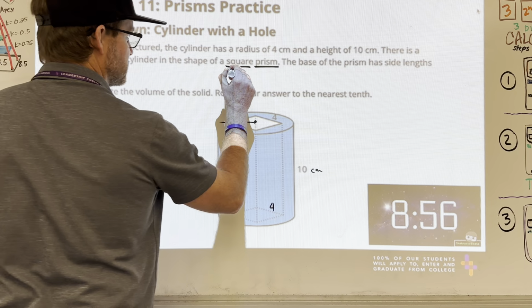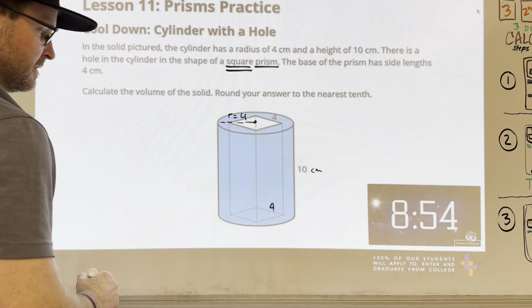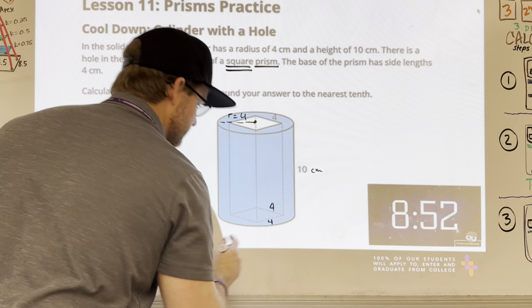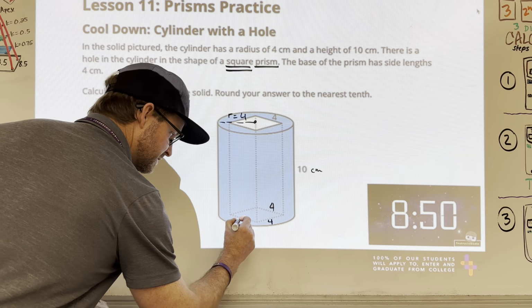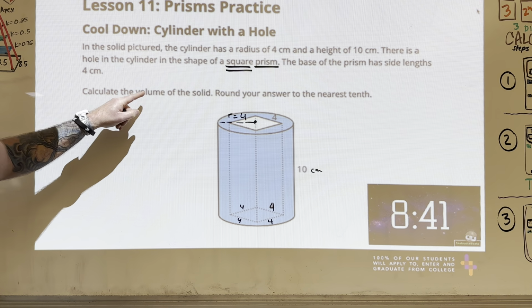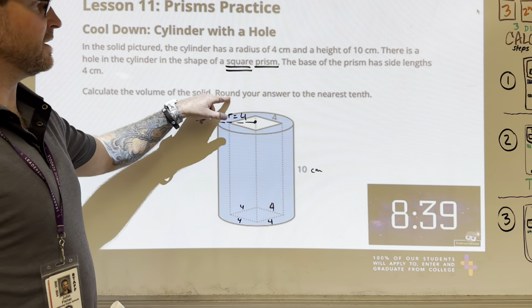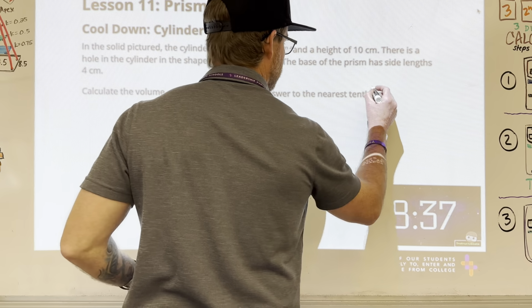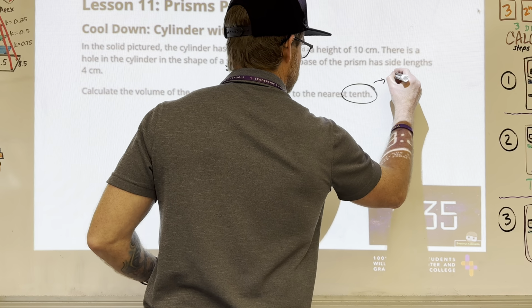Because it's a square prism, you know that this is 4 too. So is this, so is this, because the base is a square. Calculate the volume of the solid. Round your answer to the nearest tenth. Tenth is 1 decimal.